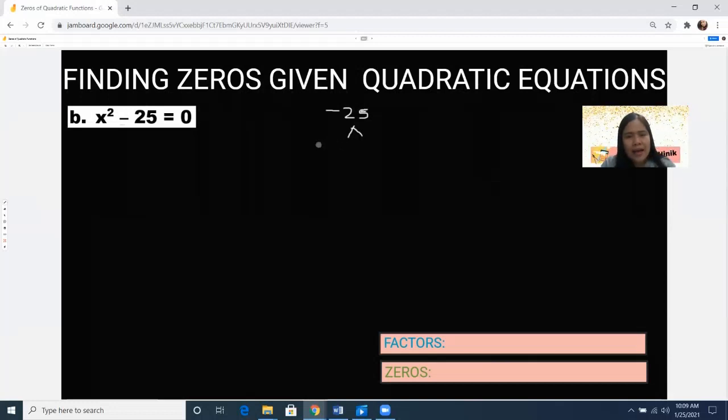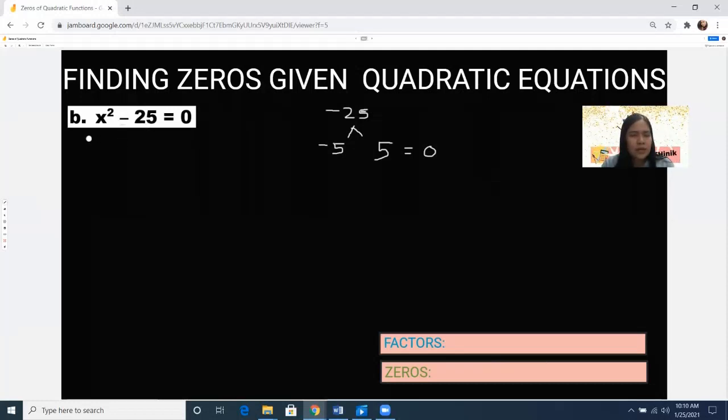We have -5 times 5 is -25. And if you add these two, you will get 0, since our linear term is 0. We do not have a linear term, the b value. So make sure that when you factor it, it satisfies your constant term, which is -25, and your linear term, which is 0.